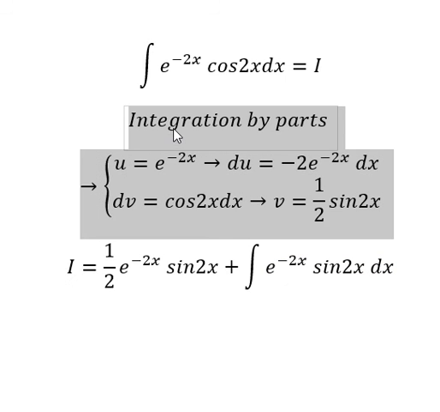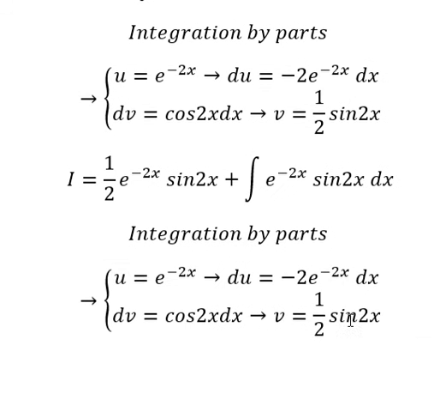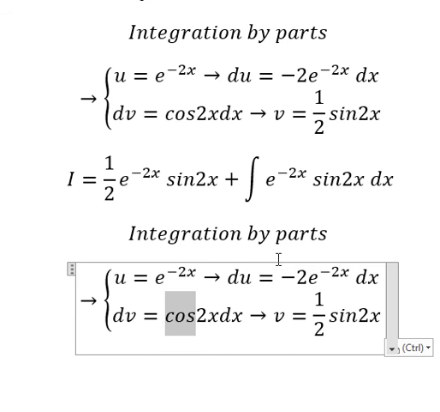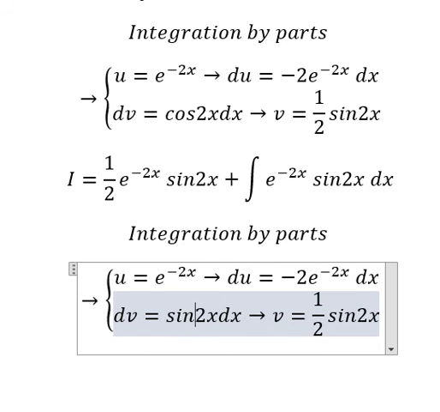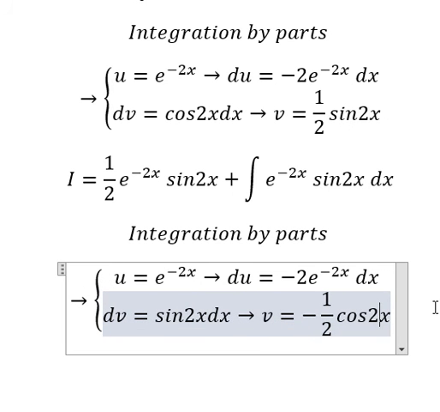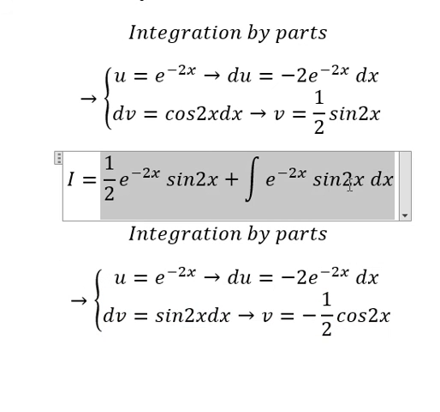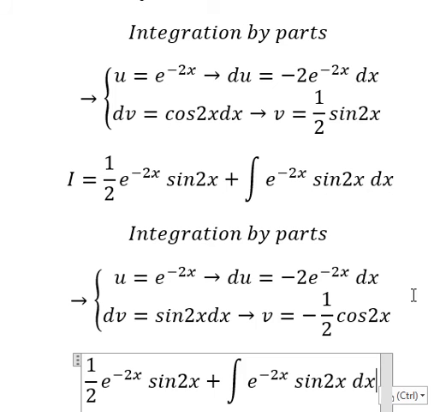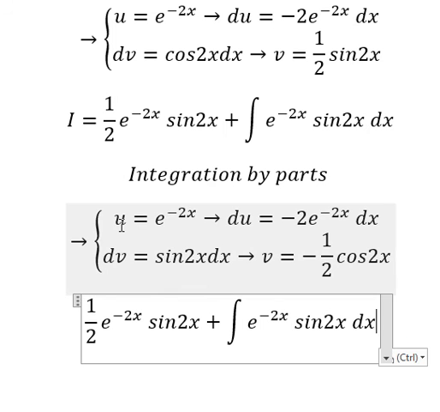Now we continue to use integration by parts, but we change this one into sine 2x. The integration of this one, you will get negative 1 over 2 cosine 2x. So we have u multiplied by v.